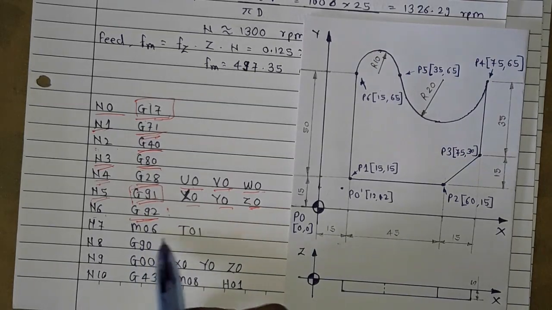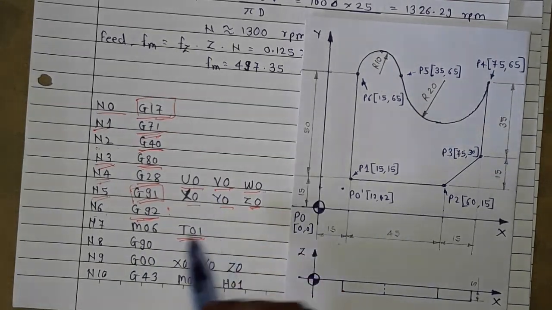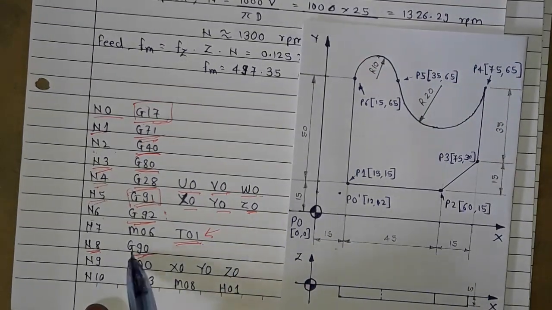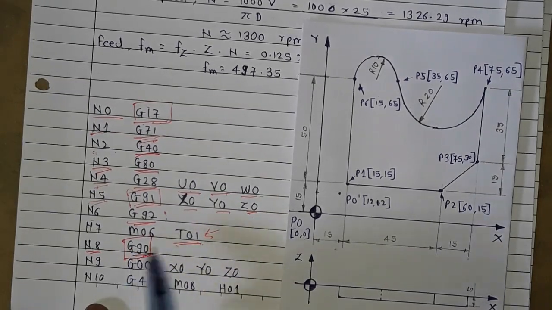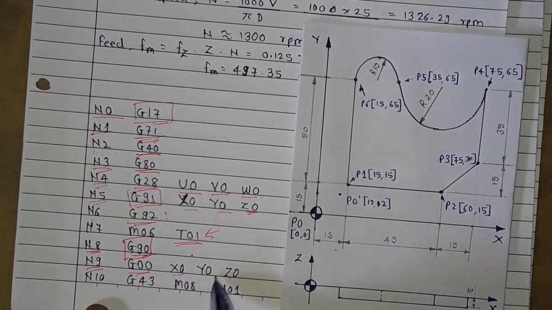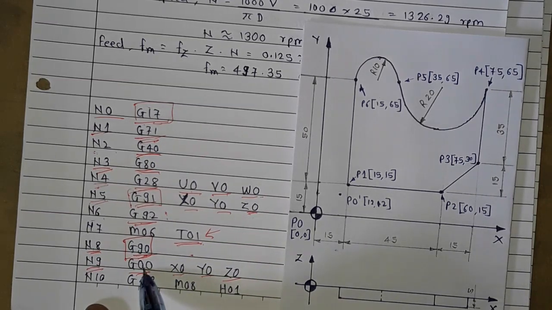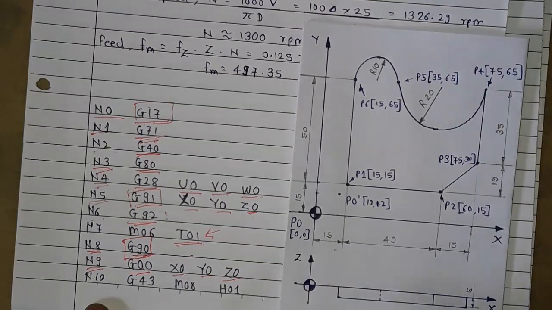Here M06 T1 is for tool change and index to tool 01 in this case. N8 G90 is for absolute programming mode, G94 for feed per minute. Next N9 G00 X0 Y0 Z0, here this is rapid travel of the tool to X0 Y0 Z0, that is at the origin.